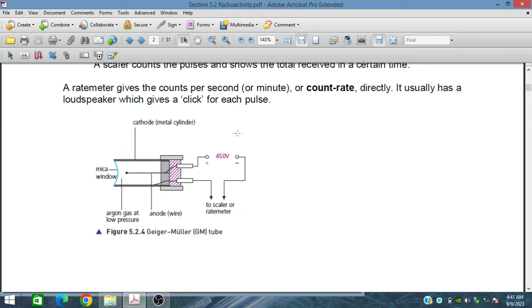So this is the simple working of a GM tube or Geiger-Müller tube.